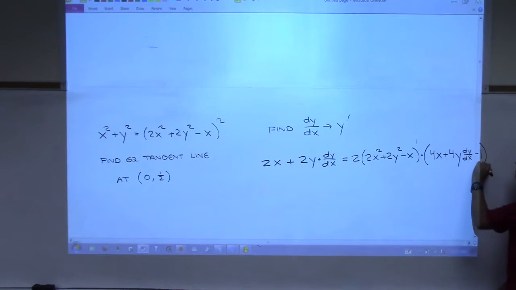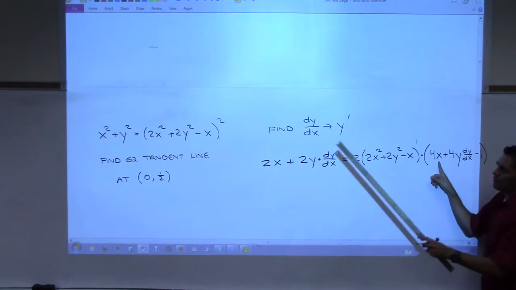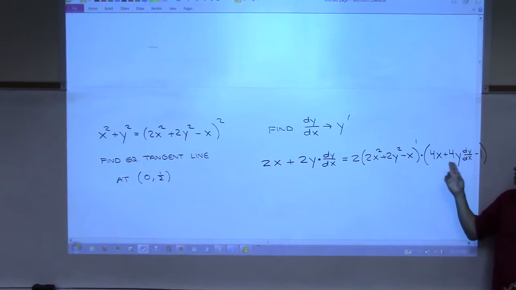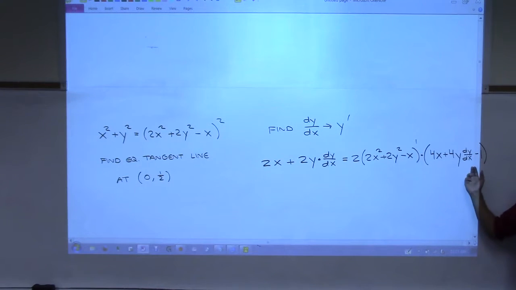Good. So this 4x came from the derivative of this, but because it's with respect to x, it's just 4x. This one, 4y dy/dx, came from the chain rule. And then the minus 1, because we're differentiating x with respect to x, it's 1, but there was a minus. And that's it, that's our derivative.